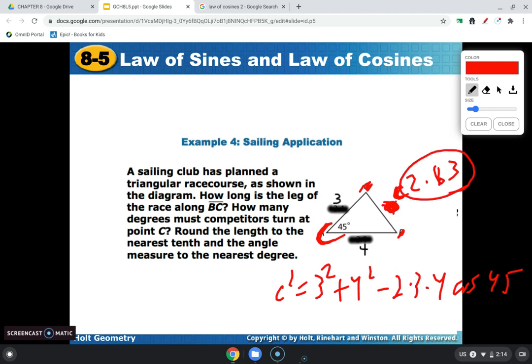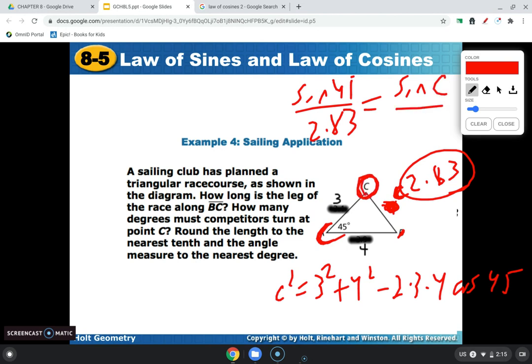Then we have to find an angle. I believe they wanted us to find this angle here. Now we've got all three sides, so we can use law of sines. Because we've got an angle in there, sine 45 over 2.83 equals sine big C, for this angle, over 4.